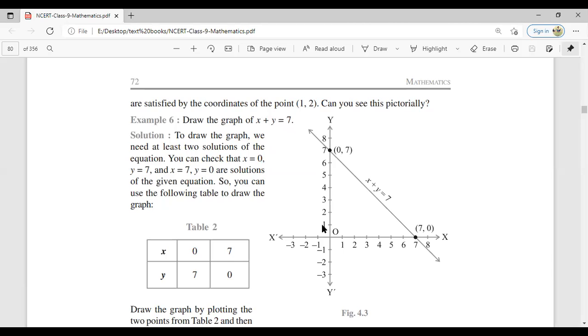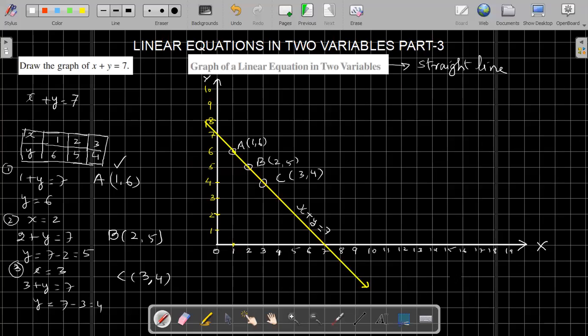See, this is the same line that we have drawn. The only difference is we have taken different points, but the graph should be the same. You can see in our graph, it is also cutting at 7, and there also it is cutting at 7. So this is the graph.